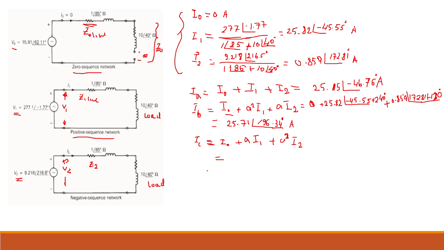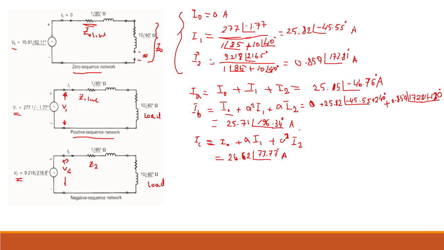We find that IC equals 26.60 with an angle of 73.77 ampere.